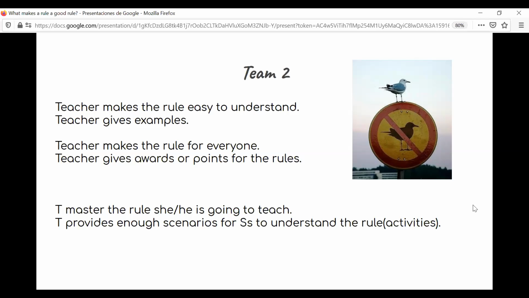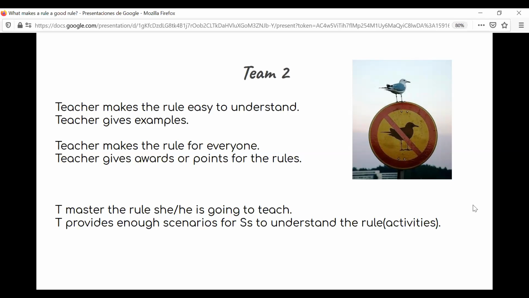And the last two are mine. I wrote that the teacher should master the rule she's going to teach, because it is very hard when a student asks you something and you are not very sure about it. I think that's something very important, yet very difficult for the teacher. And then the teacher provides enough scenarios for students to understand the rule.